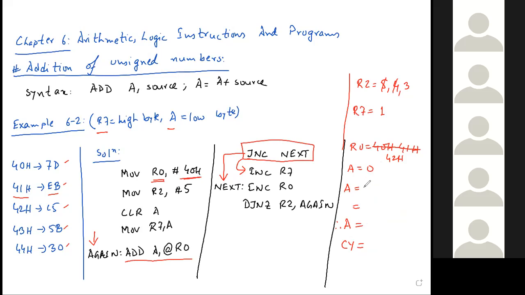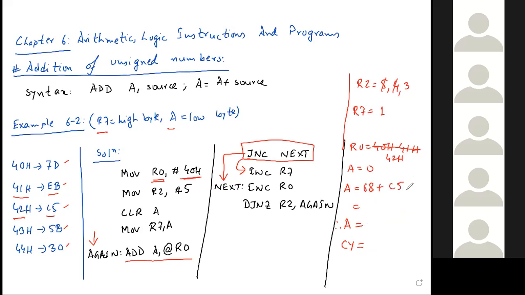So 68 plus C5. So it is very simple. A contains 68, so 68 will be there, and R0. So what is the address of R0 now? 42. So go to 42. Look at the number. Definitely 68 plus C5 will be added.